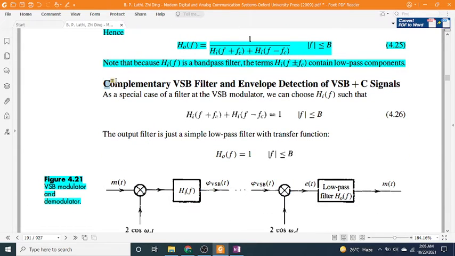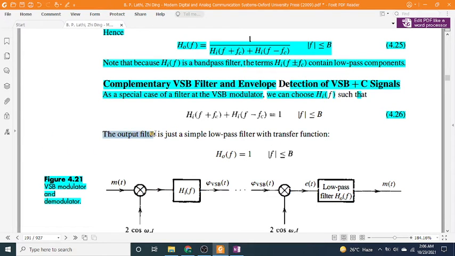Complementary VSB filter and envelope detection of VSB plus C signals. As a special case of a filter at the VSB modulator, we can choose H(f) such that H(f + fc) + H(f − fc) = 1, |f| ≤ B, Eq. 4.26.